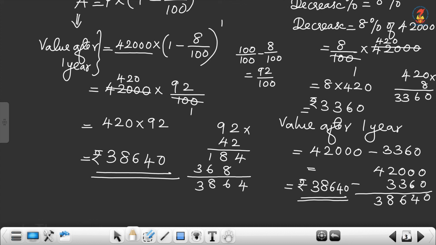So the answer is rupees 38,640. So without the compound interest formula we can do the problem.